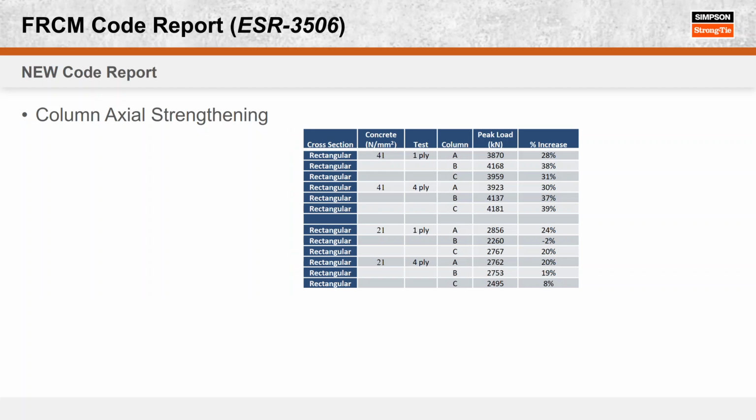Well, it doesn't necessarily make sense for ultimate, but take all the knockdown factors out, that might actually pay off. So you resist higher load. But that is interesting to see the data, that a circular section is much better than a rectangular section.